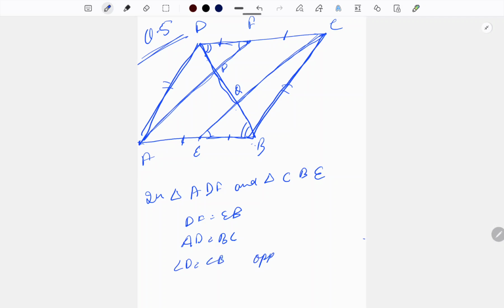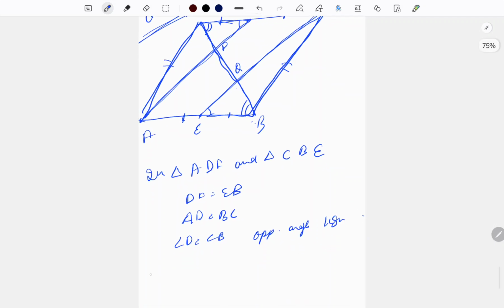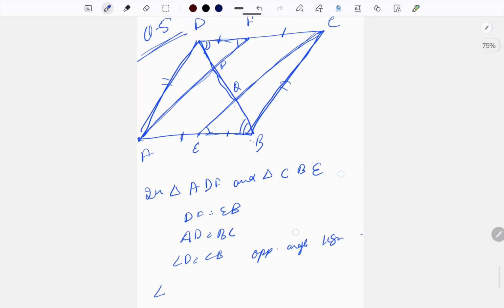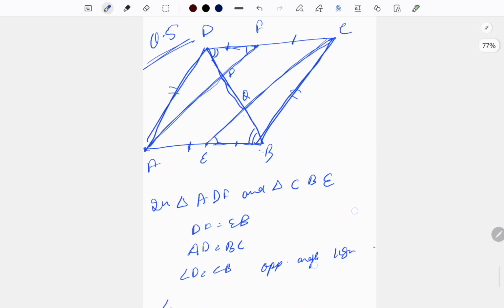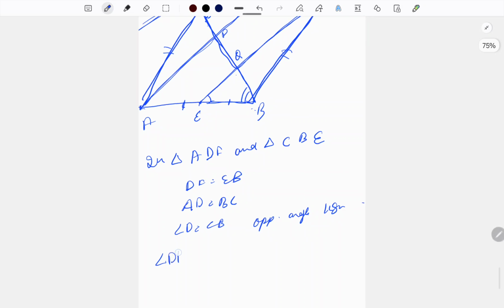Because opposite sides and opposite angles of a parallelogram are equal. Now, since the congruence is proved, angle DFA is equal to angle BEC by CPCT.